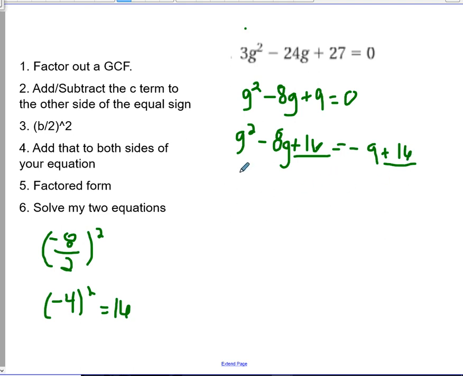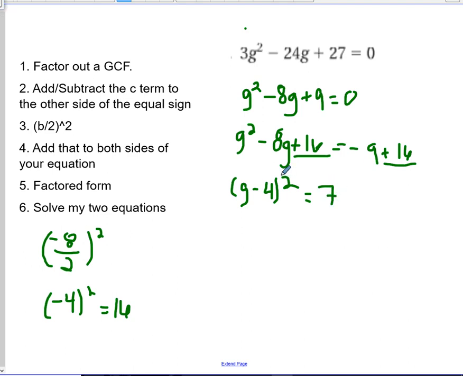And I'm going to put this side in factored form. So I'm going to do g, and I can use my b over 2 term, which is my negative 4, and square it. And that's going to equal negative 9 plus 16, which is 7.